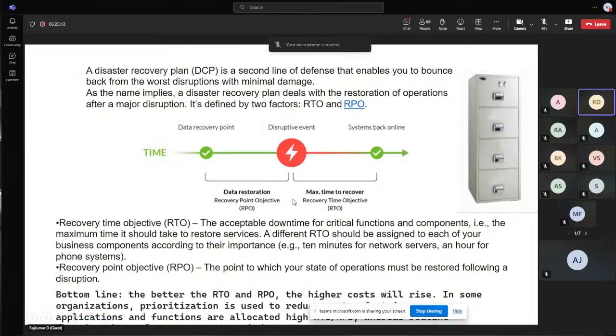A disaster has happened. What is the maximum data that we can restore, or will all 100% of the data be restored, or will the last 30 minutes of data be lost? What is the restoration point to which it can be established?